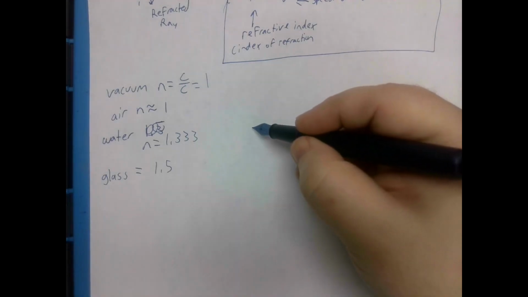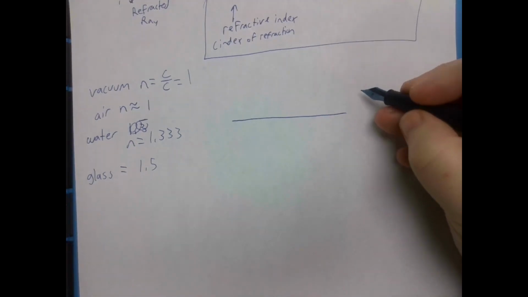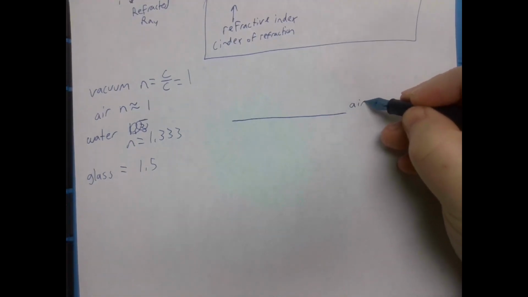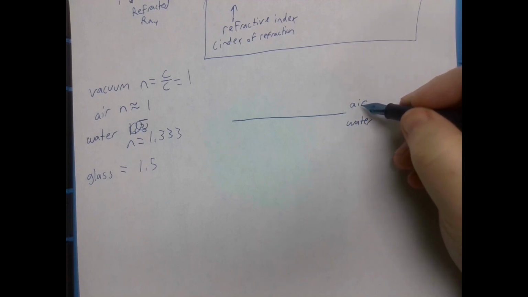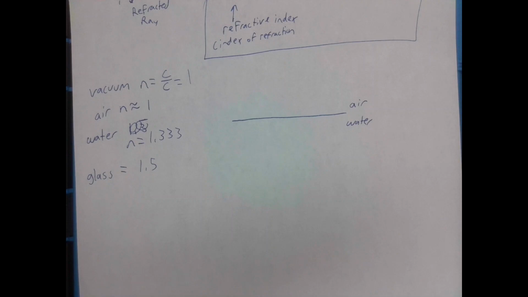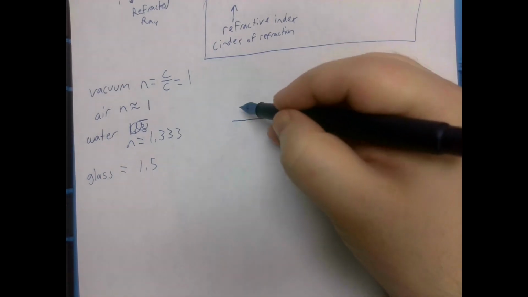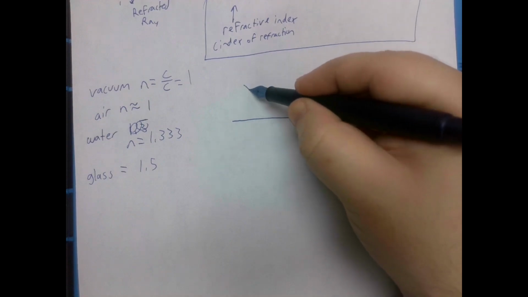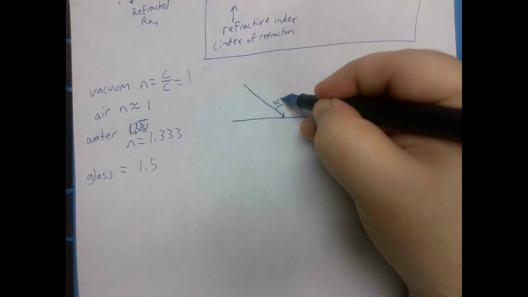So then, let's do air versus water. Again, you can treat air as being a vacuum itself. We have a light coming in at 45 degrees.